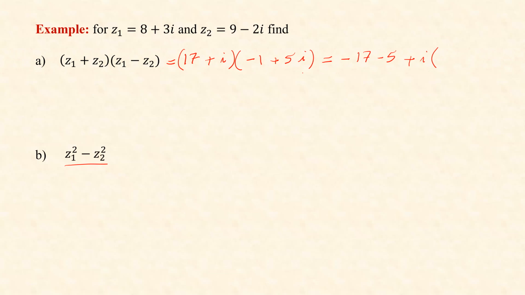What is 17 times 5? It is 85, right? So that's 85. 85 minus 1 times I. So this becomes negative 22 plus 84I.